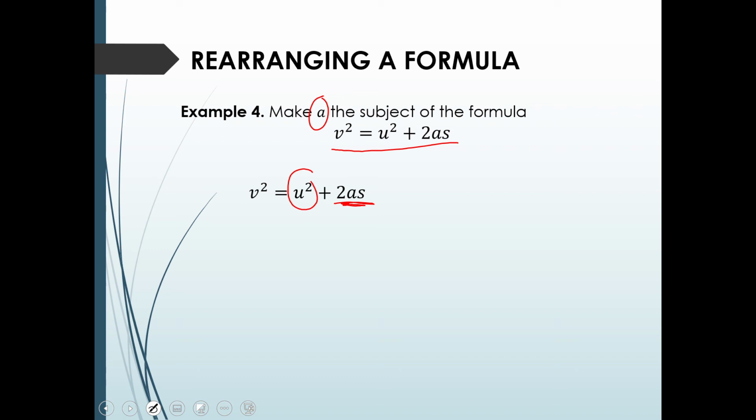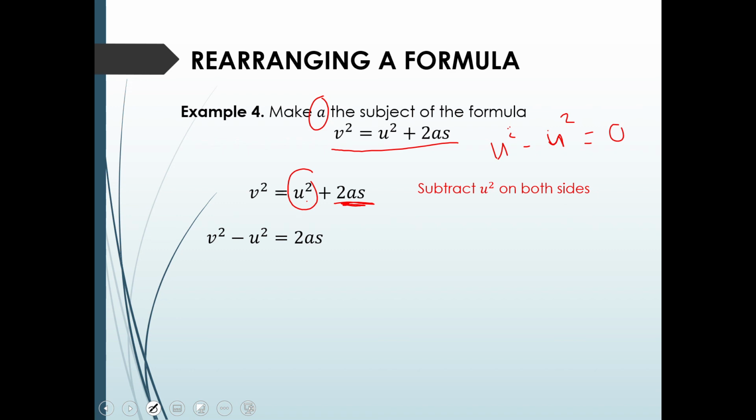By subtracting u squared on both sides, because u squared minus u squared will give you 0. You want to remove this u squared. So when we subtract u squared on both sides, you will have v squared minus u squared equals 2as.